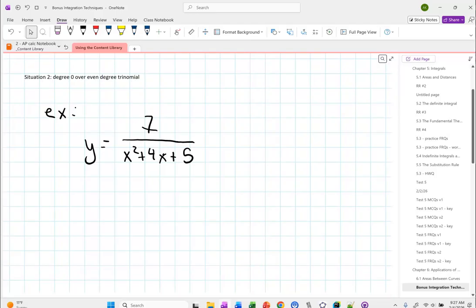The next one, we would need a degree 0, so a constant, over an even degree trinomial. Now, you can generalize this past this situation, but this is as complicated as I would make it. We're going to have to make a u substitution on this to do it.